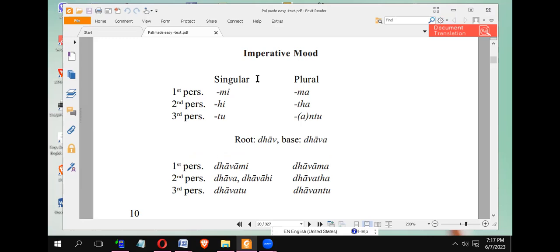So now we are going to the next one. We already finished the present tense endings: ti, nti, si, tha, mi, ma. Now we come back to something new, but if you notice, it's still near the T and T. Here is tu, hi, ta, mi, ma. How should we recite it?